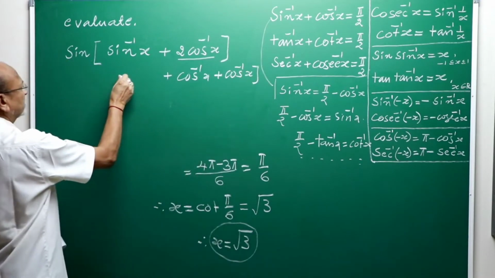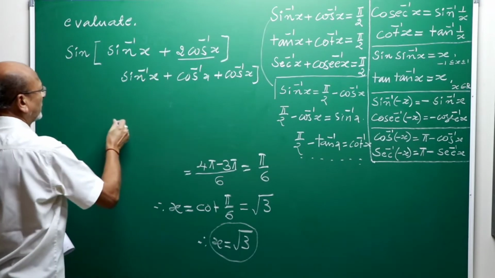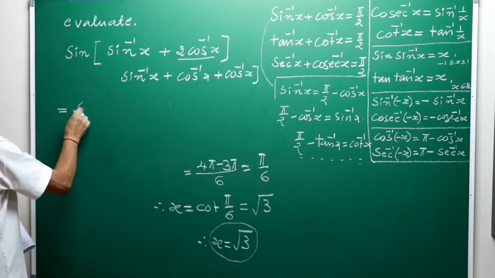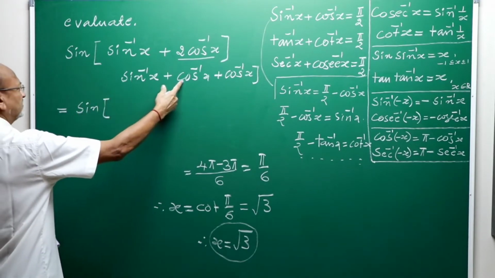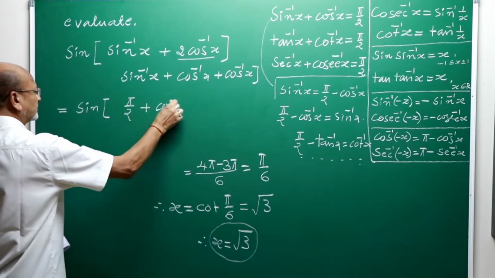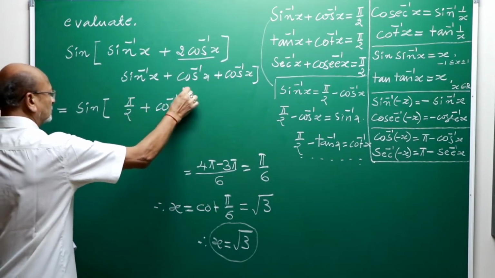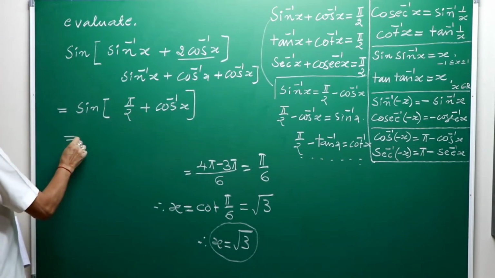Then sin inverse x plus cos inverse x is pi by 2. So this equals sine of, my friend, sin inverse x plus cos inverse x, which is pi by 2, plus cos inverse x. Yes, my friend, allied angle formula.